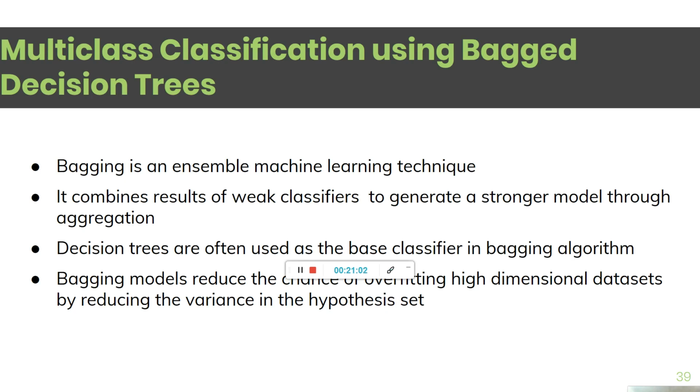Decision trees are the base classifiers used in the bagging technique here, and they're good for combating overfitting by reducing the chance of variance and providing a hypothesis set that has low variance.